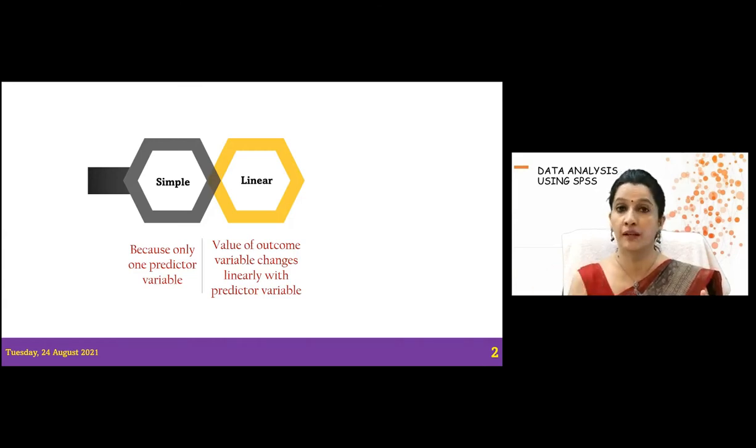We could do that with the help of a chart builder and a scatter plot. We'll do that again today because for linearity, we need that scatter plot. If the behavior of one variable is linearly associated with the other one, then only can we apply linear regression. So this is the second thing.